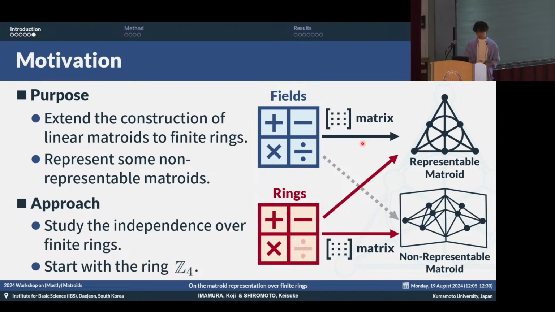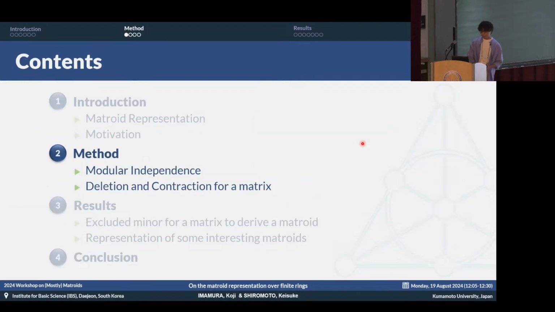In this talk, to simplify the discussion, we restrict ourselves to the ring of integers modulo 4. So I will introduce independence over finite rings and define two operations, deletion and contraction, for matrices over finite rings, in an analogous way to those for matroids or matrices over finite fields.